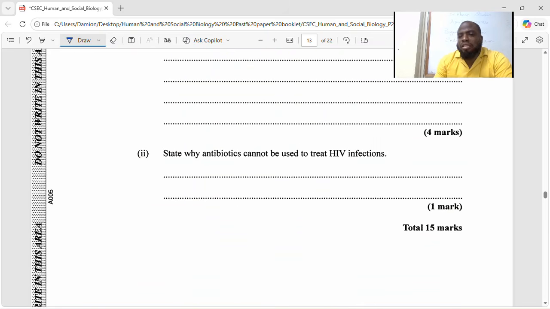State why antibiotics cannot be used to treat HIV infections.